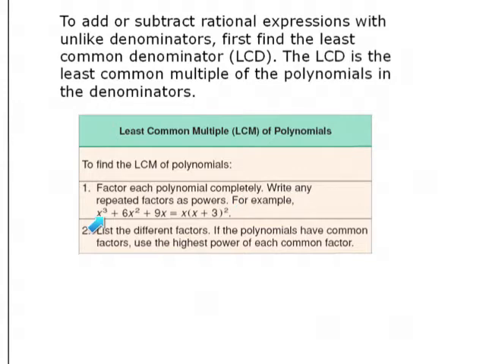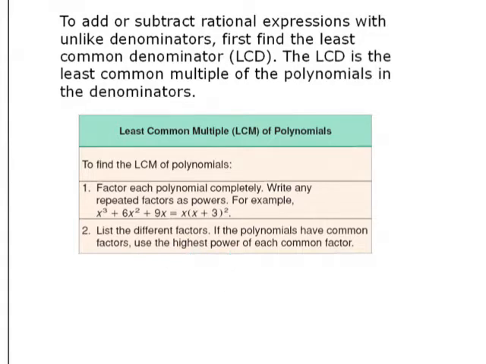For example, if I gave you x to the third plus 6x squared plus 9x, you could factor out an x, and then you'd have a perfect square trinomial giving you x times the quantity x plus 3, squared. After you factor each polynomial completely, you listed all the different factors. And if the polynomials had common factors, you use the highest power for each common factor.